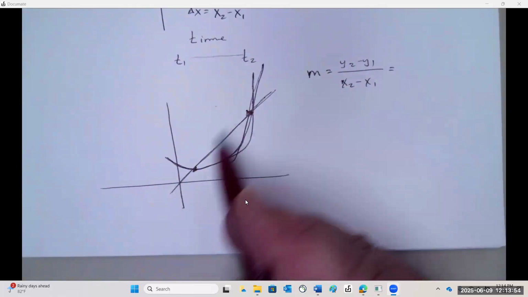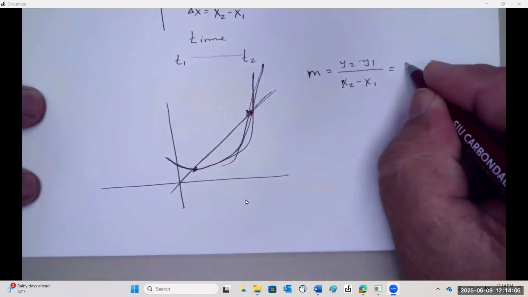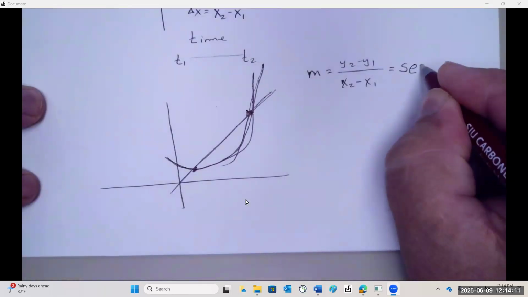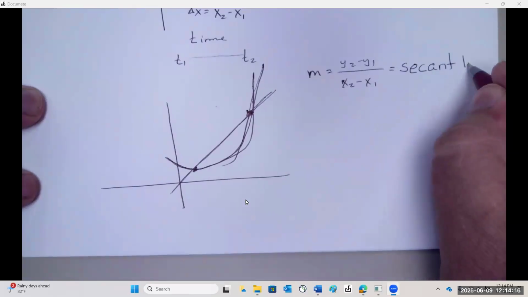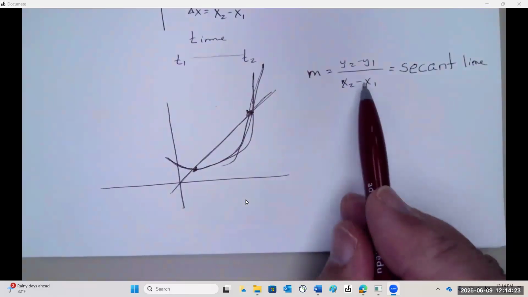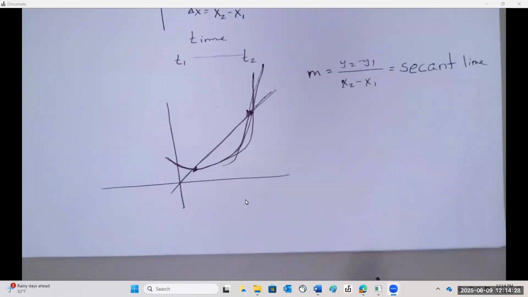What kind of slope of what kind of line? This equation finds us the slope of the line as a secant line to the curve, to those 2 points.